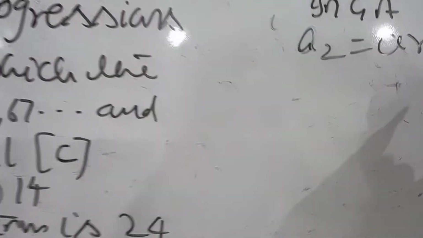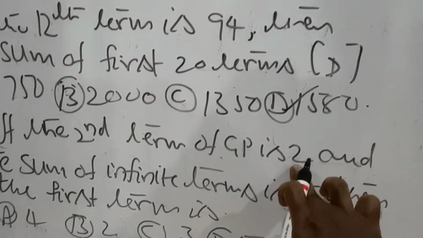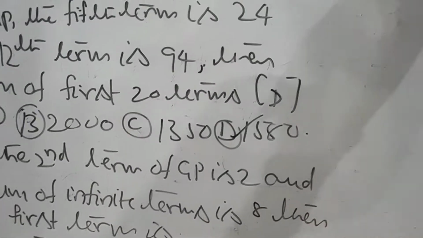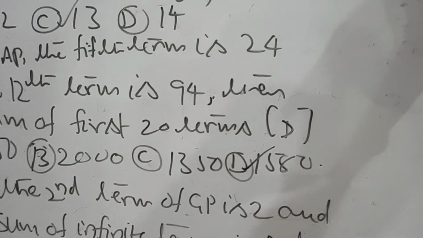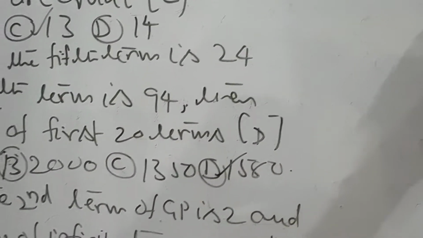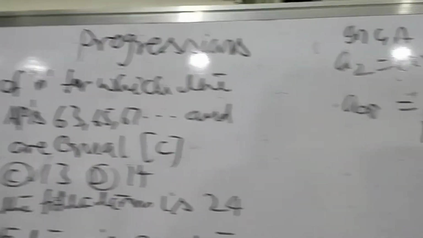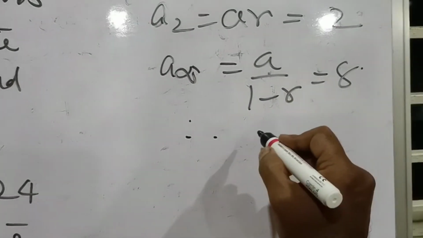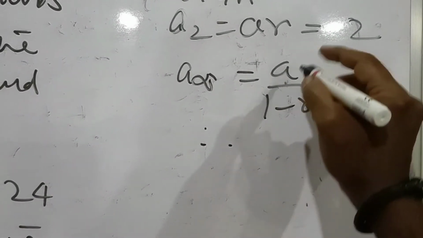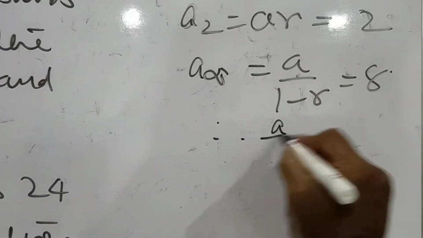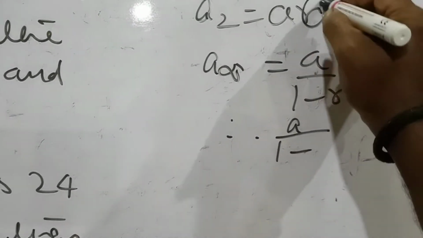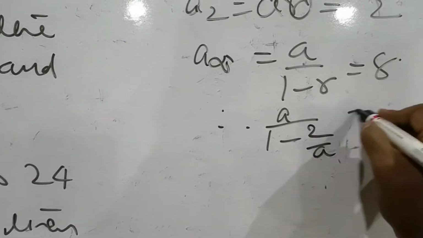And the sum of infinite terms in a GP, S infinity is equal to a by 1 minus r. According to the problem, a by 1 minus r is equal to 8. Therefore, when r is replaced by 2 by a from the first equation, a by 1 minus 2 by a is equal to 8.